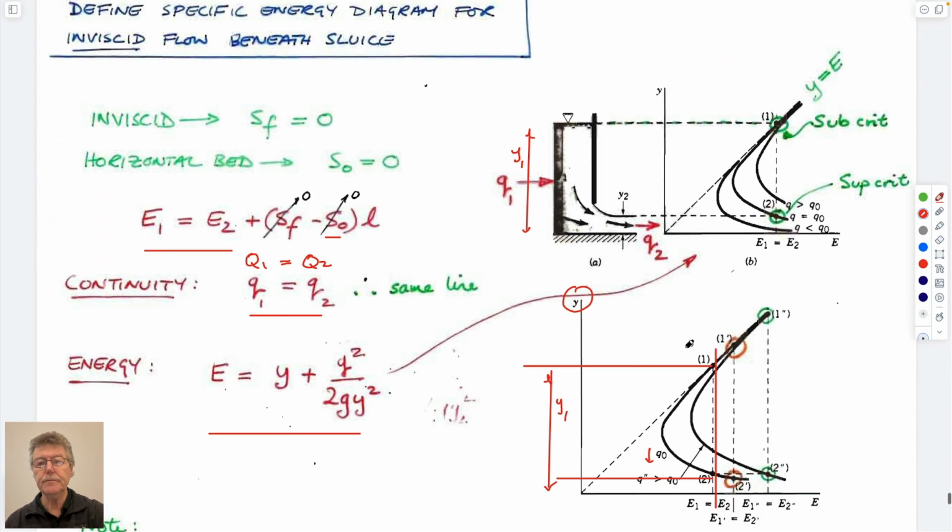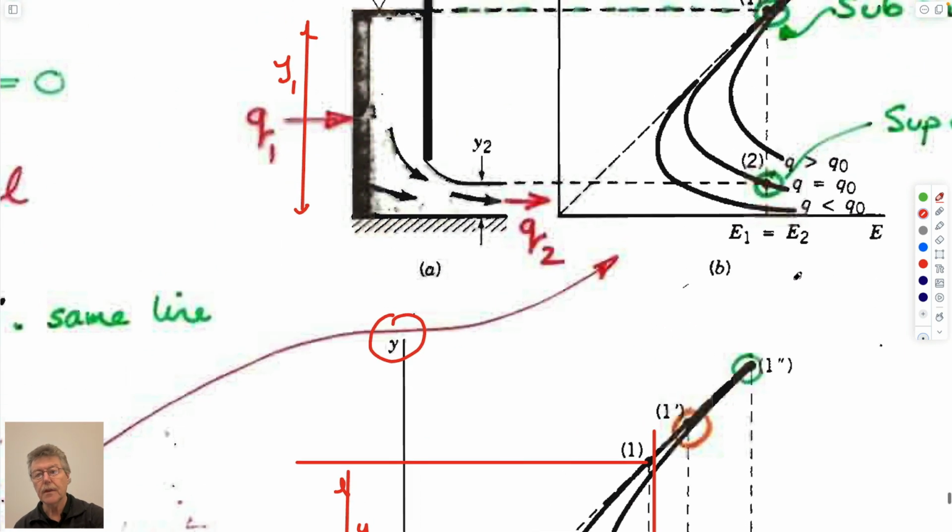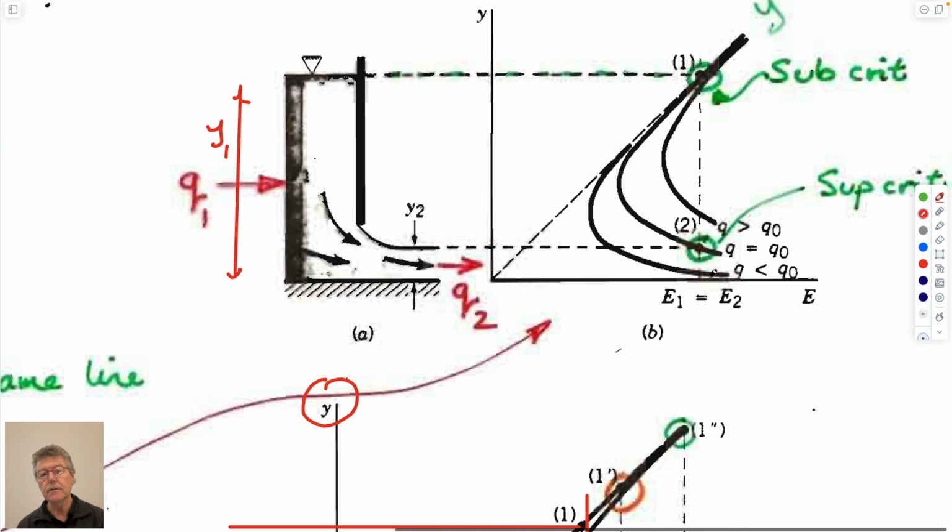So this is the idea here. Maybe this is 5 meters squared a second for this particular one.